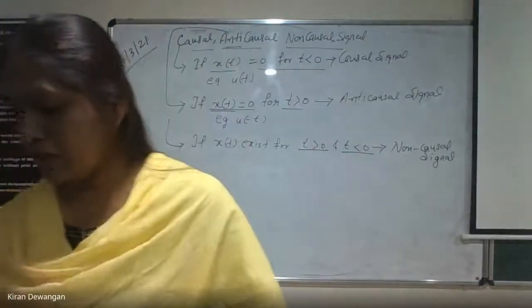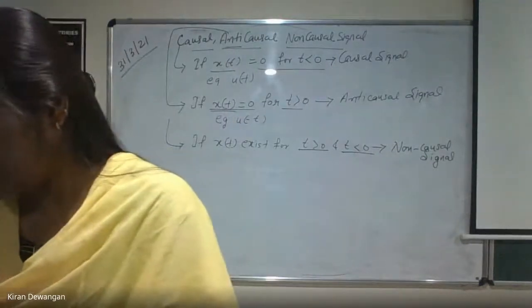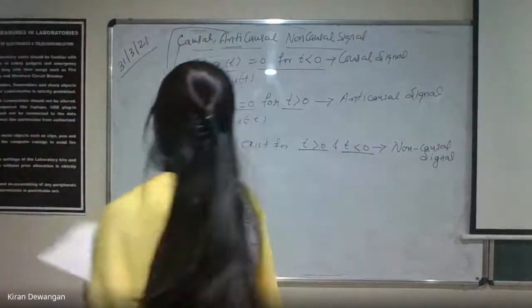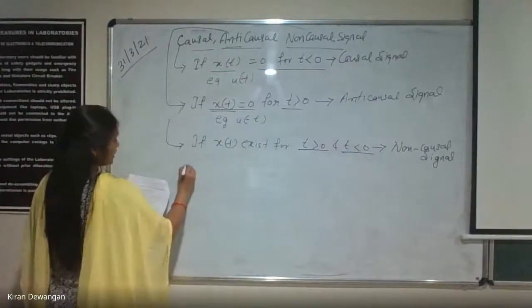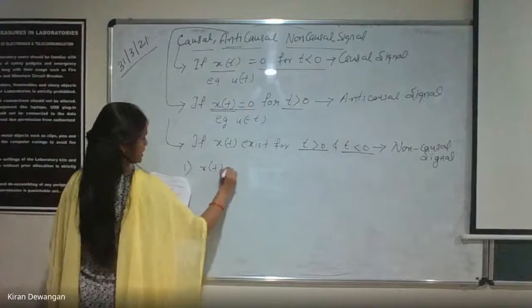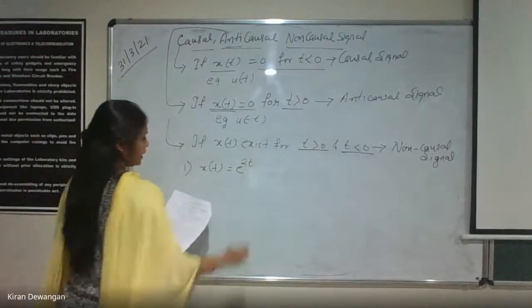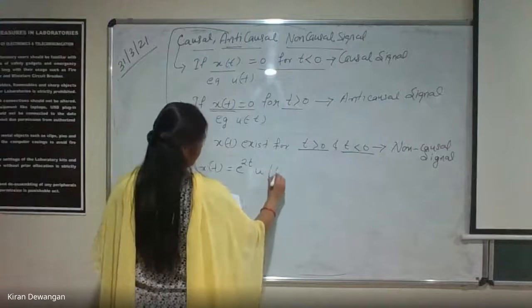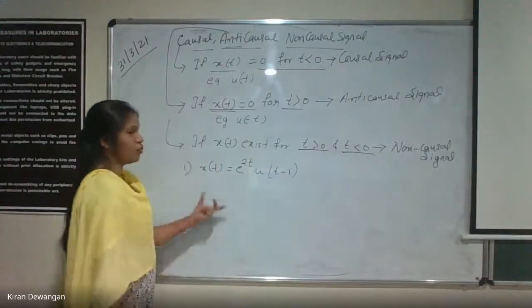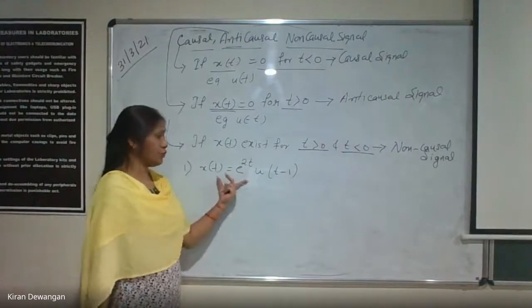Now just give me the answers for these signals. If x of t is e to the power 2t into u of t minus 1, what kind of signal is it?